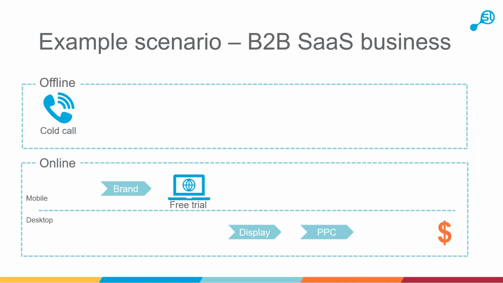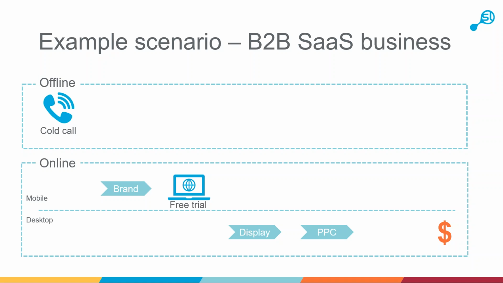Another example is potentially a software as a service business, where the initial interaction might be an offline one. It might be a cold call, but the record is created there by the sales operative, and then online that user may log in and browse to the website on a brand term, and sign up for a free trial.